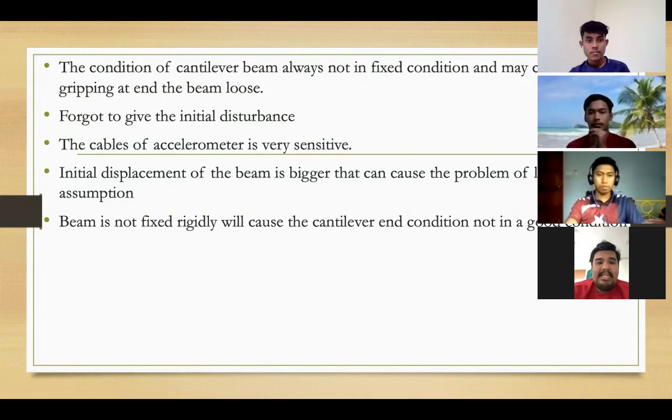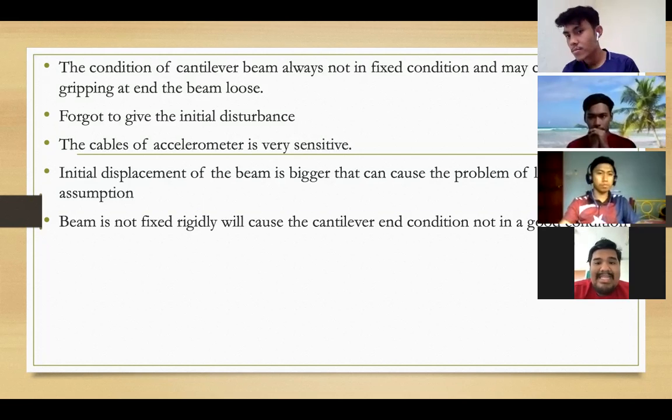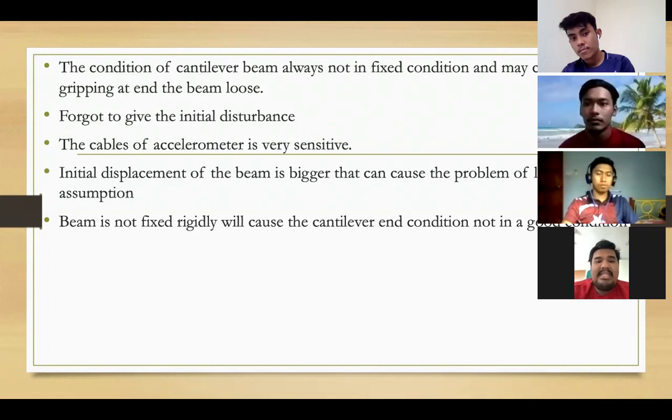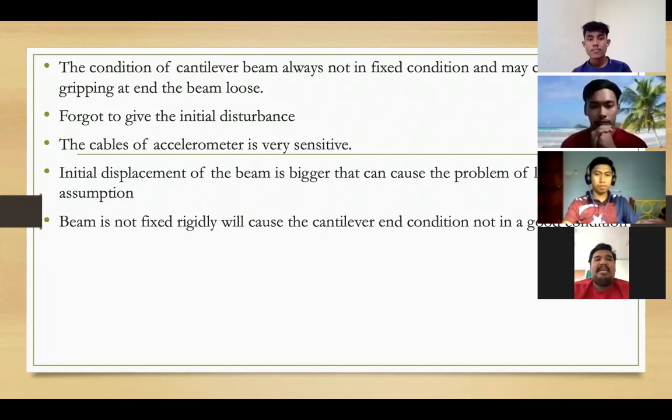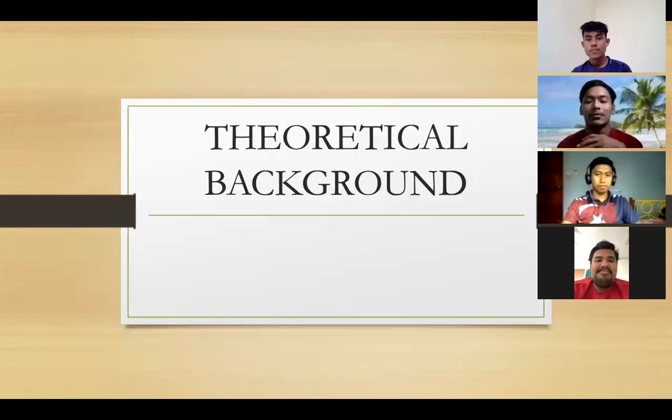The fourth one is that the initial displacement of the beam is bigger, which can cause a problem in the linearity assumption. Finally, if the beam is not fixed immediately, it will cause the cantilever beam condition to not be in a good condition. Okay, I think that's all from me. Thank you. Now we will proceed to the theoretical background.